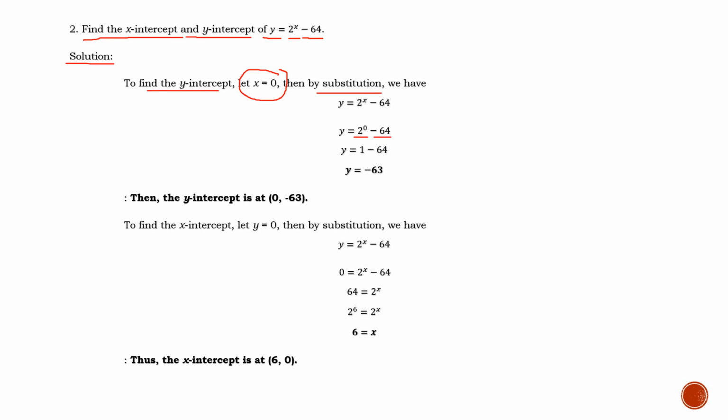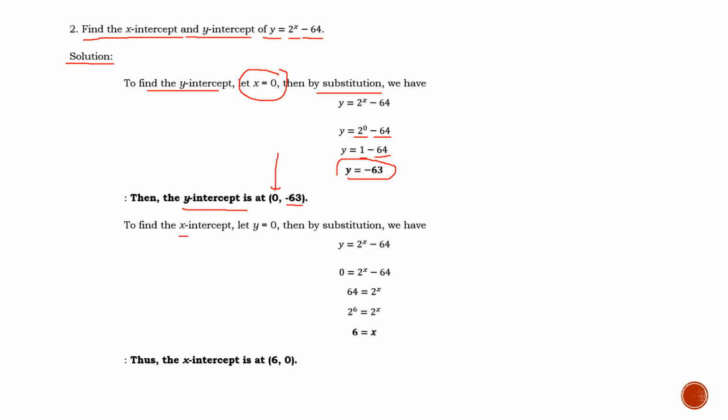Applying the law of exponents, 2 raised to 0 is equal to 1, so 1 minus 64. Then y is equal to negative 63. So for the y-intercept, x is 0 and the value of y is negative 63.